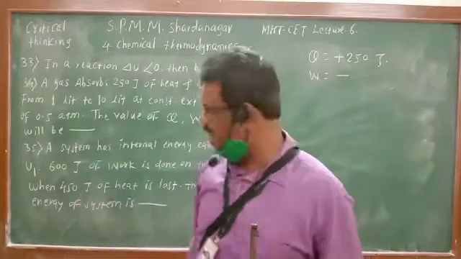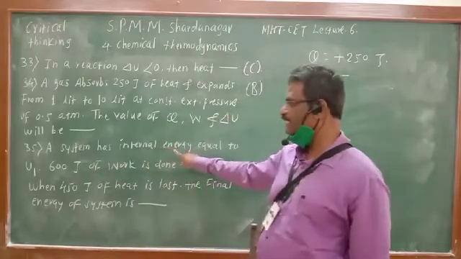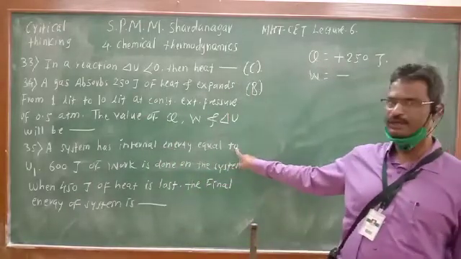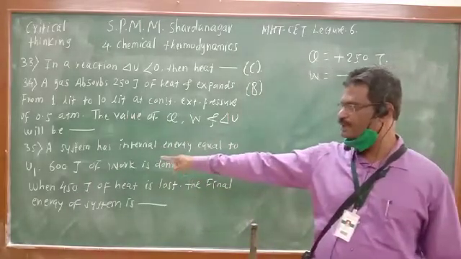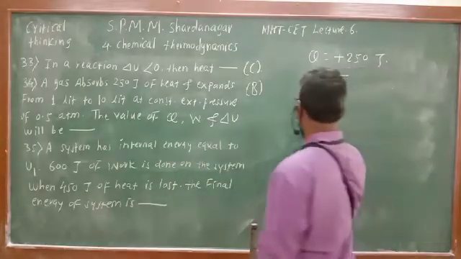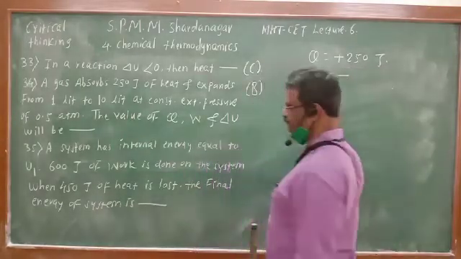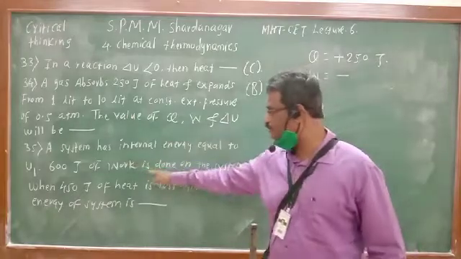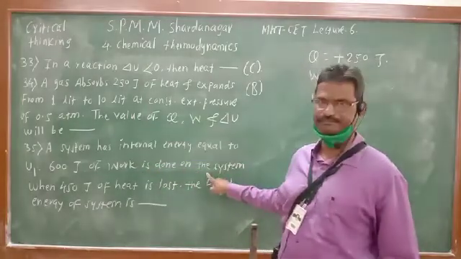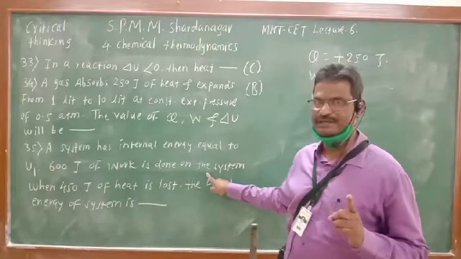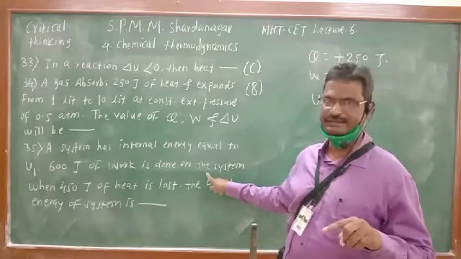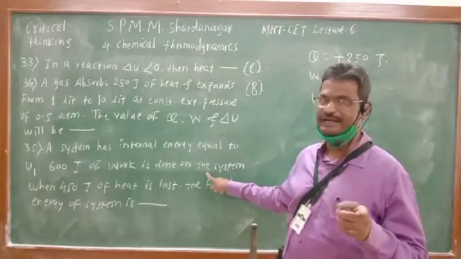Now see question number 35. A system has internal energy equal to U1. Then see, initial internal energy U1. Then 600 joule of work is done on the system. Is it compression or expansion? Compression. Is this work done positive or negative?